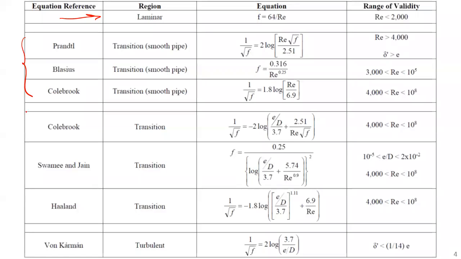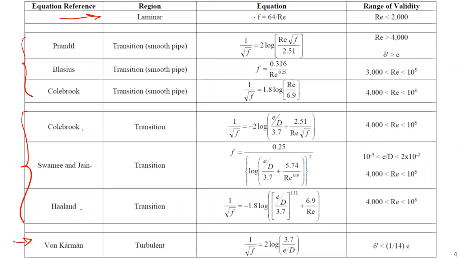And then there are other equations for when you're anywhere in the transition zone, and we've got one equation explicitly for turbulent, but again, you can use any of these three transition equations because ultimately they form a plain horizontal line out once you get out to the transition.